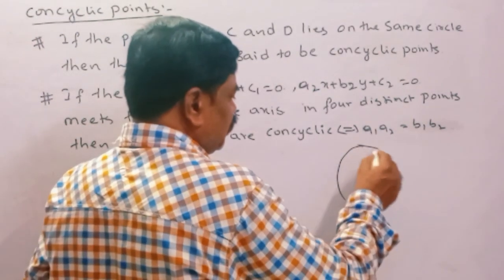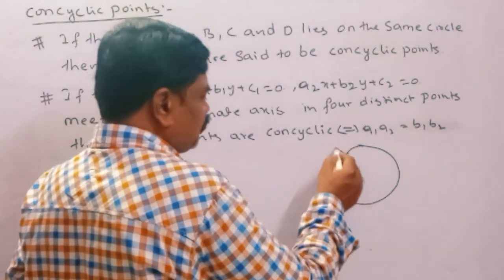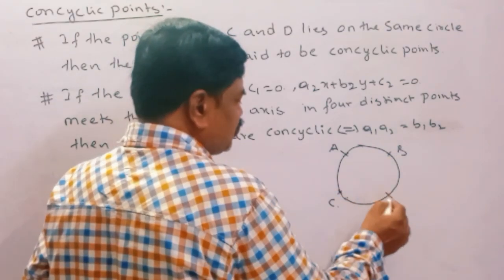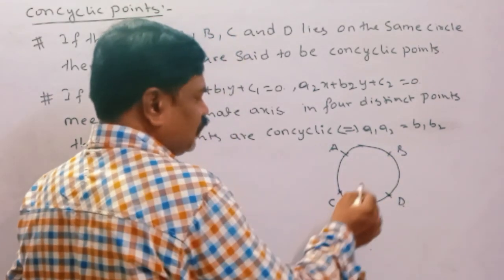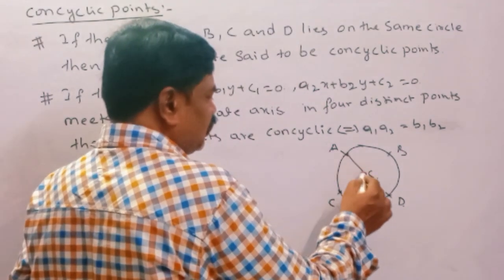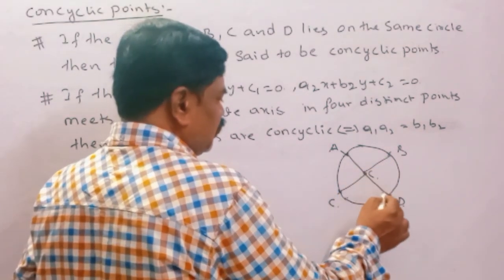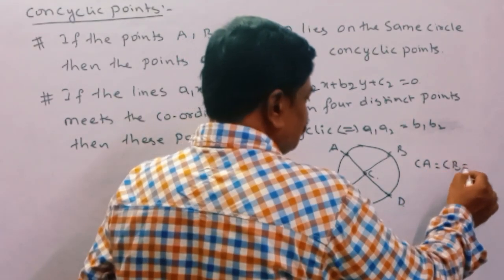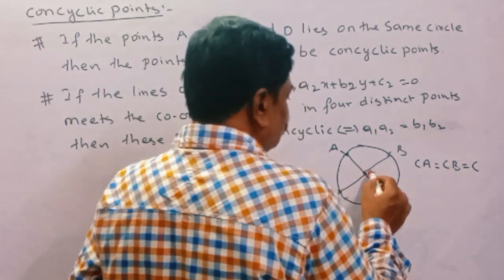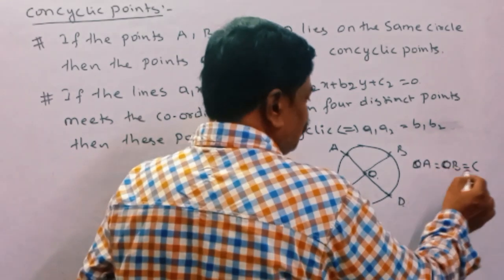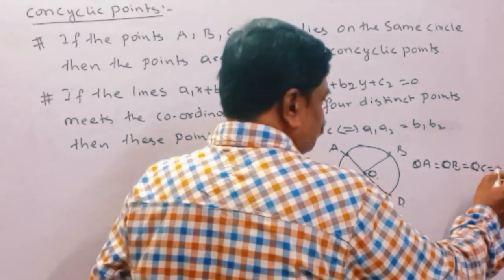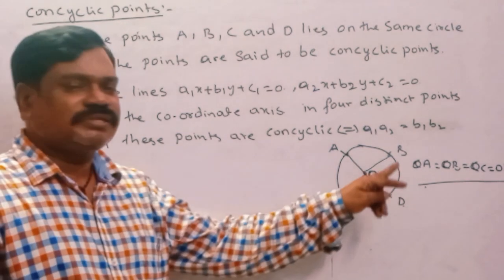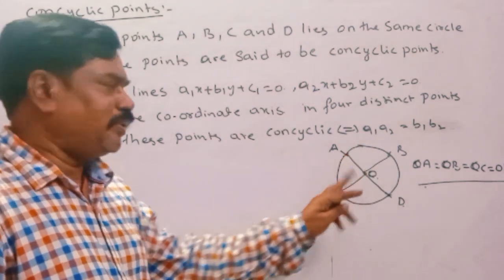You see here, this is point A, this is point B, this is point C, this is point D. This is the center of the circle, and OA is equal to OB is equal to OC is equal to OD. We say ABCD are concyclic points.